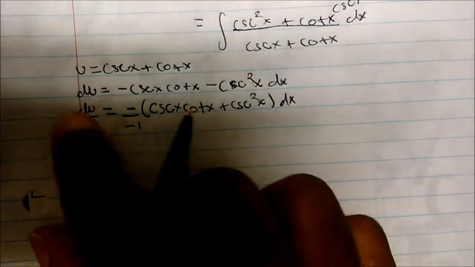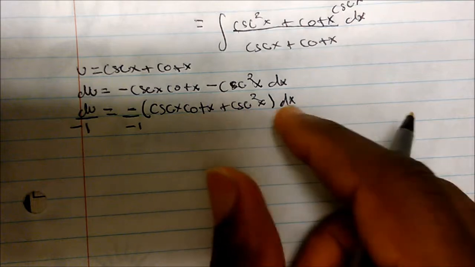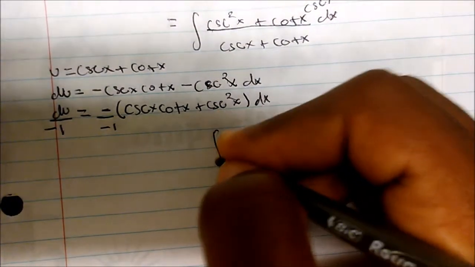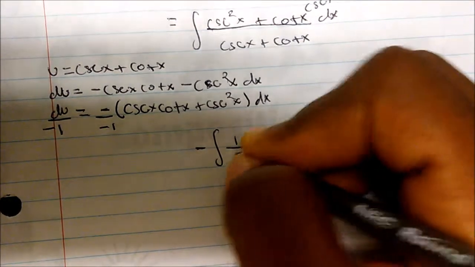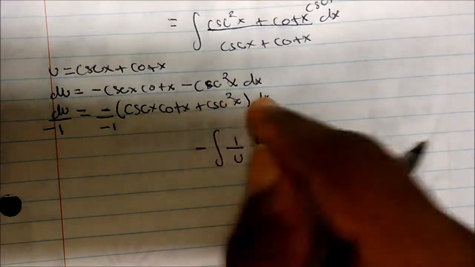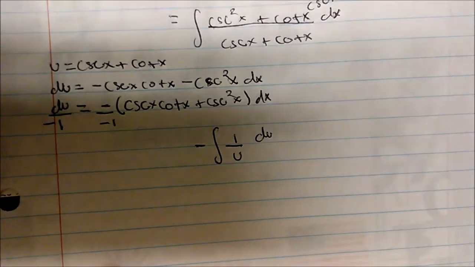What this allows me to do is bring my negative over to my du, which gives me a positive cosecant of x, cotangent of x dx, which is exactly what we have. So rewrite the integral. This becomes negative du of 1 over u, because our u was this, and du took care of this whole thing here, cotangent of x plus cosecant squared of x dx.